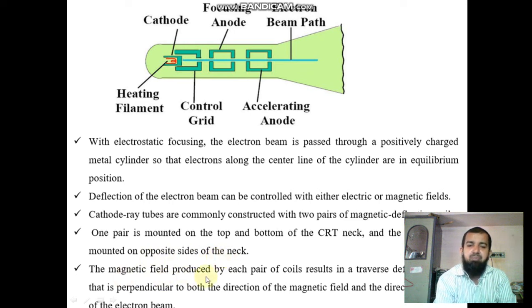The magnetic field produced by each pair of coils results in a transverse deflection force that is perpendicular to both the direction of the magnetic field and the direction of travel of the electron beam.